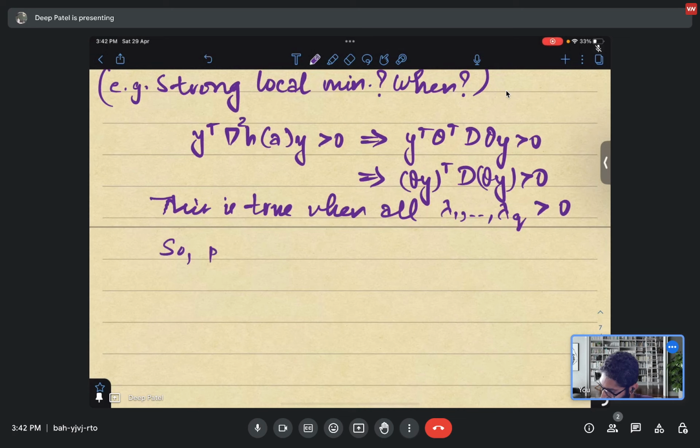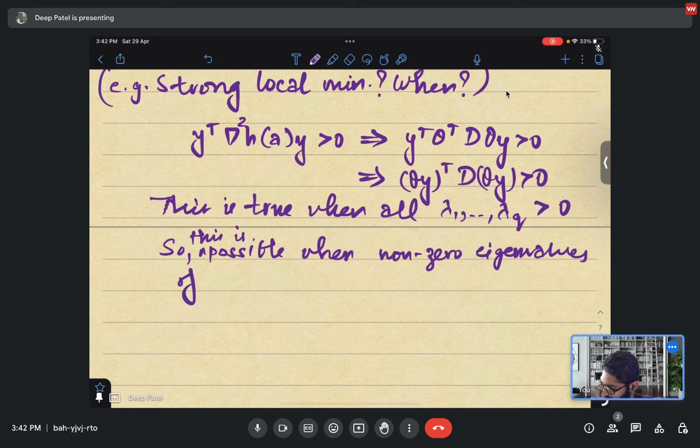So this is possible when the non-zero eigenvalues of Q are positive.